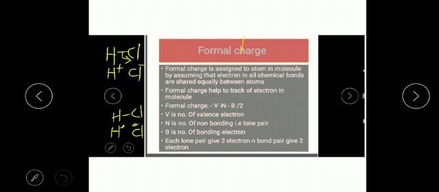It can also be found out as the number of electrons the atom should have minus the number of electrons actually in the atom.